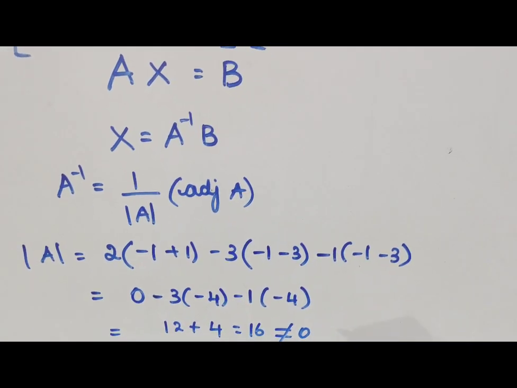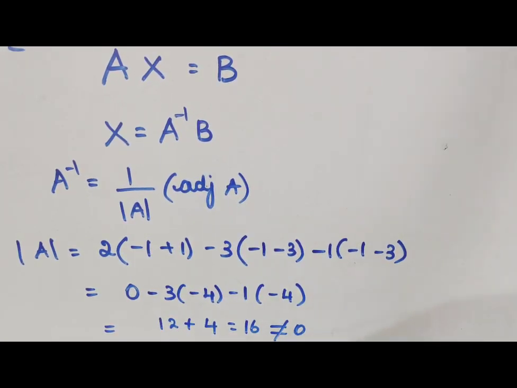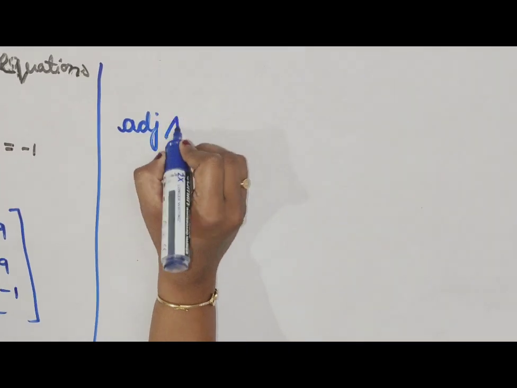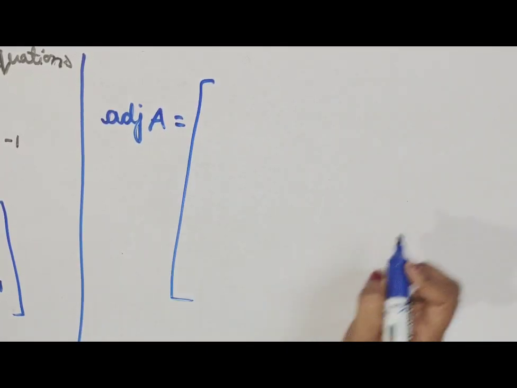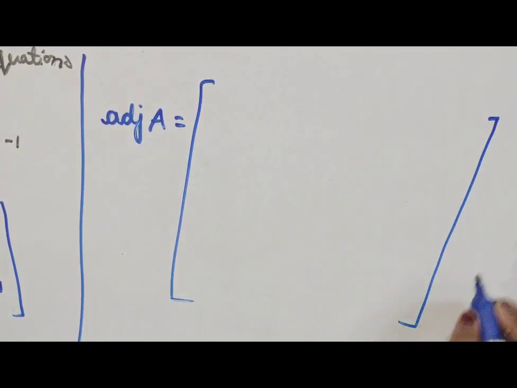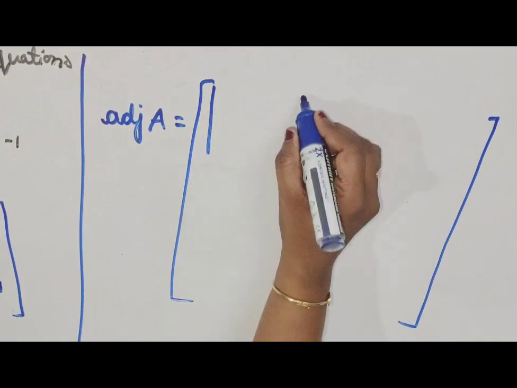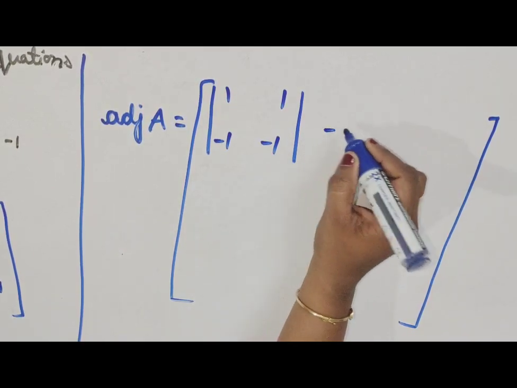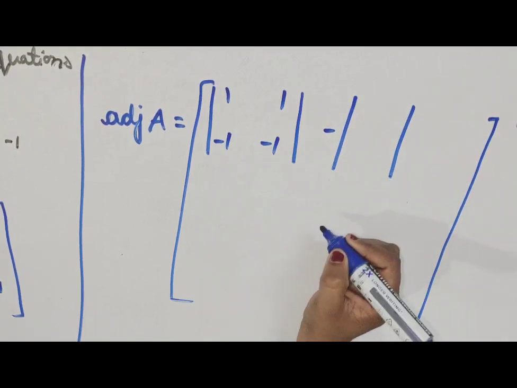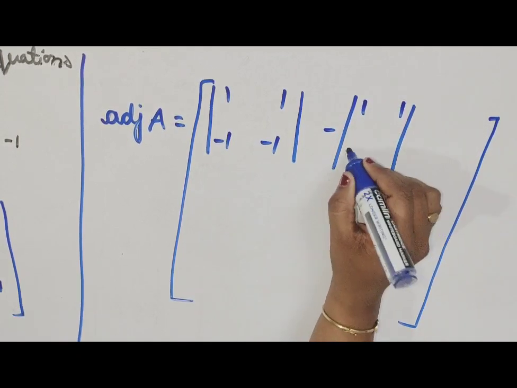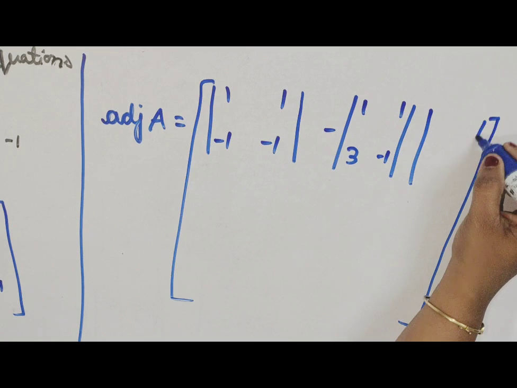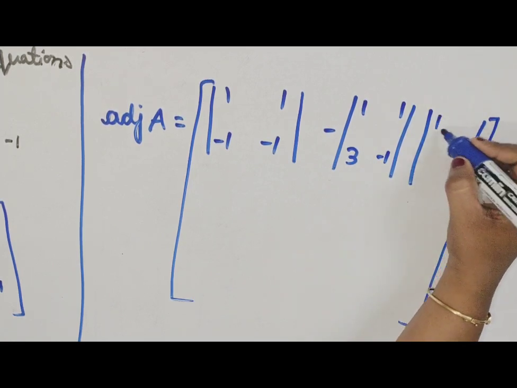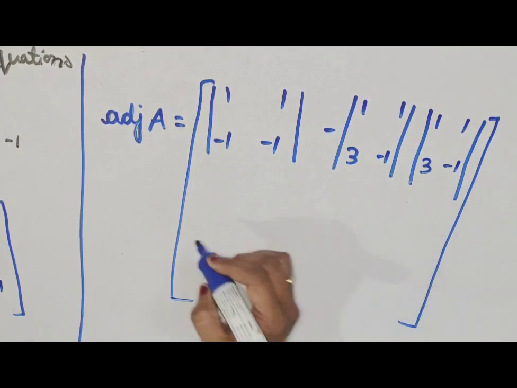Next we have to find the adjoint of A. For finding the adjoint of A, we have to write the minors of all the elements with alternating signs, and finally take the transpose. So for the first term I am going to write the minor: 1, 1, minus 1, minus 1. The alternate term will have minus 1, 1, 3, minus 1. For the next term it is 1, 1, 3, minus 1.